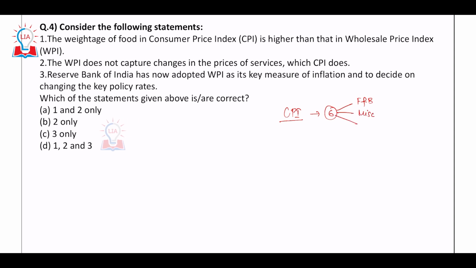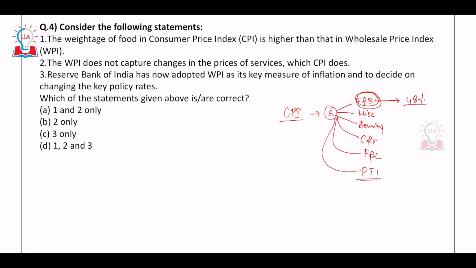Miscellaneous, housing, clothing and footwear, fuel and lighting, and then pan, tobacco, and intoxicants. Out of these, the highest weightage is given to food and beverages, which is somewhere around 48%, right? So less than 50%, 48%, that's the highest one.